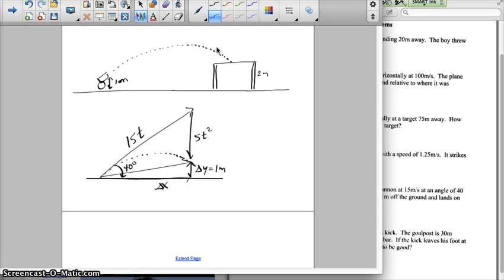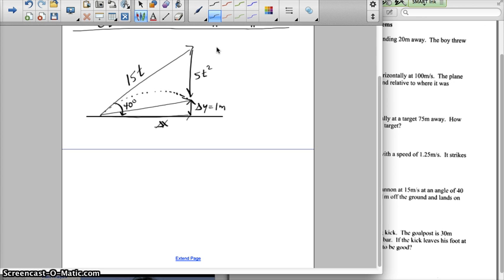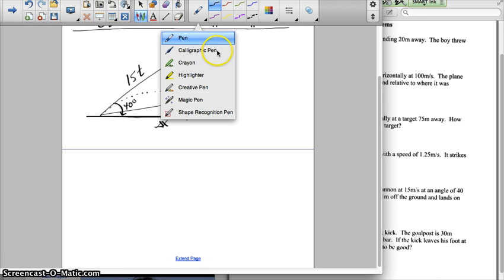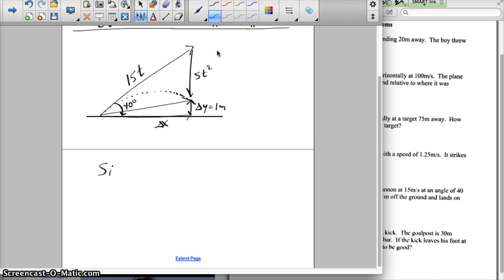So I could do, let's see, sine 40 degrees. Sine of 40 degrees is going to be 5t squared plus 1 over 15t. And the only variable in this equation is t. So I should be able to solve it.